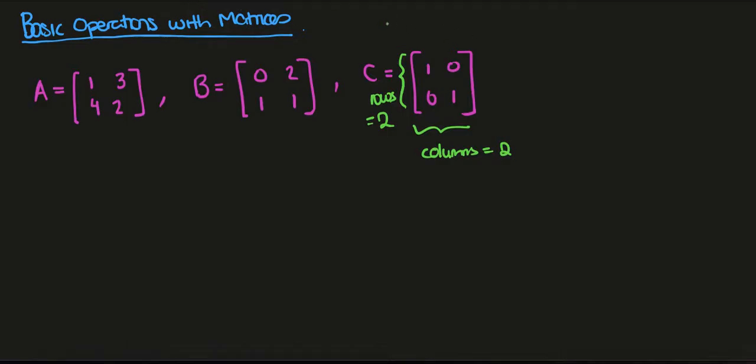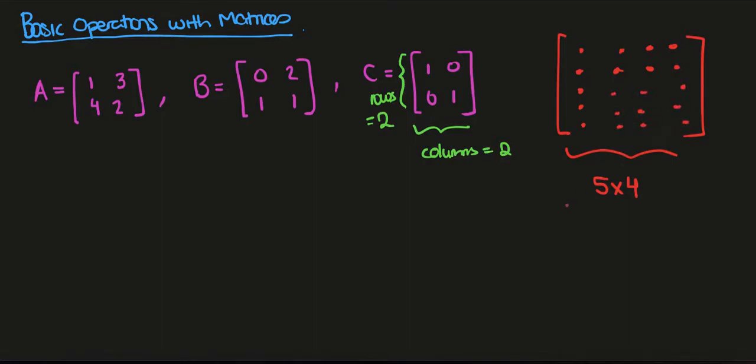I can also have matrices of any number of rows and columns. So let's say I have 4 and then 5, and this matrix would be a 5 by 4 matrix, so a 5 by 4 grid.